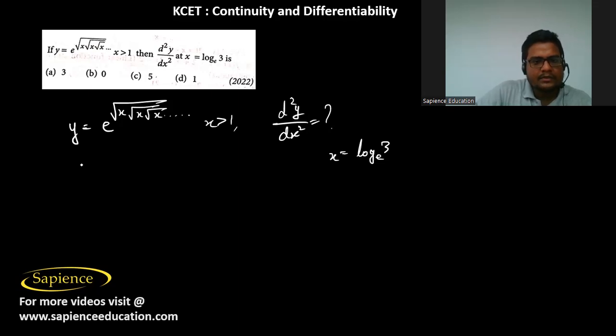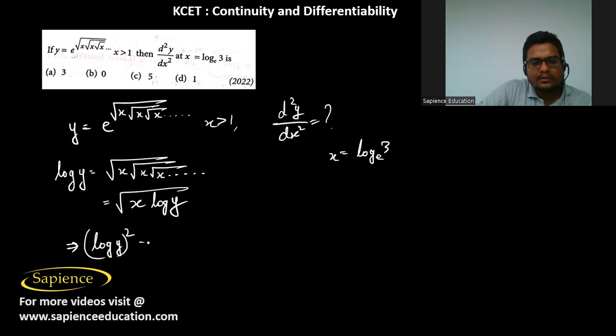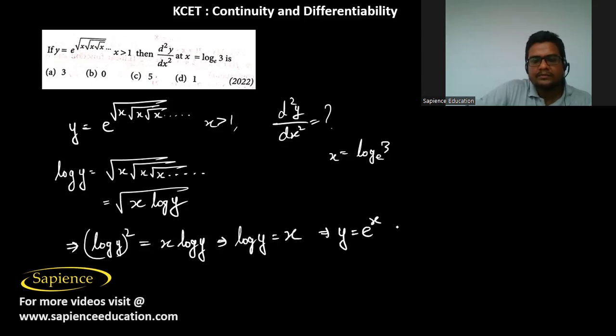So if we take log on both sides, log base e, then we will get log y is equal to root over x, root over x, root over x, and so on. So this we can also write root over x into again log y. Then if we take square on both sides, we'll get log y whole square equal to x log y. So therefore log y will be equal to x, and then y will be equal to e power x.